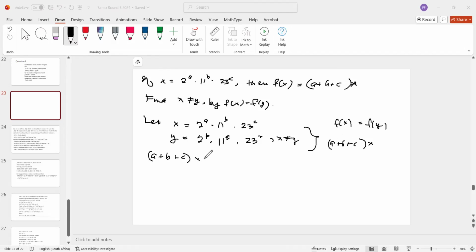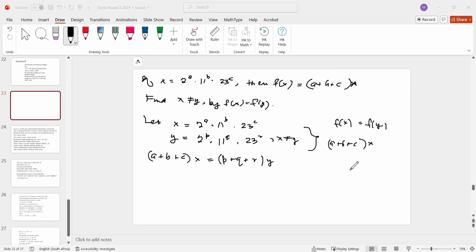This is the f of x equal to p plus q plus r times y. Because I'm saying that f of y, as long as your y has got these prime factors, is equal to the sum of the exponents, p plus q plus r times y.